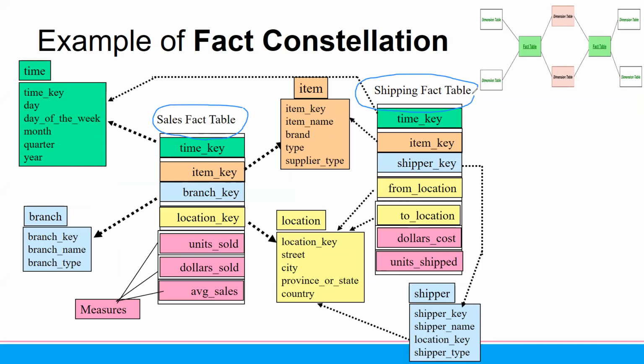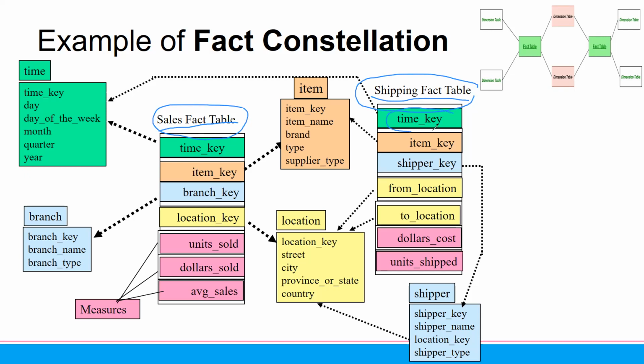If it is not delivered, then you can claim something. So there is the sales fact table for when the customer bought the item, and then the shipping fact table for when the product has been delivered to the customer.